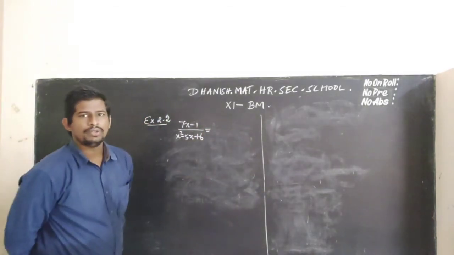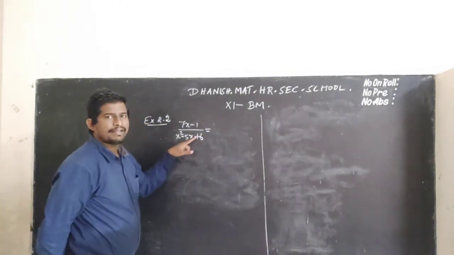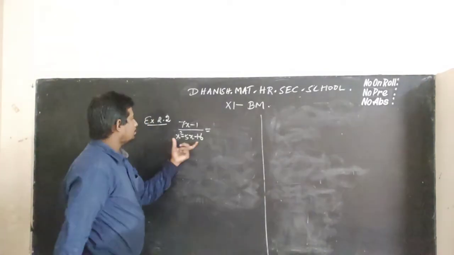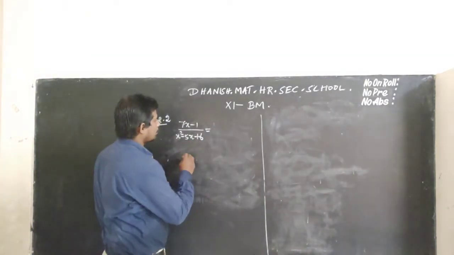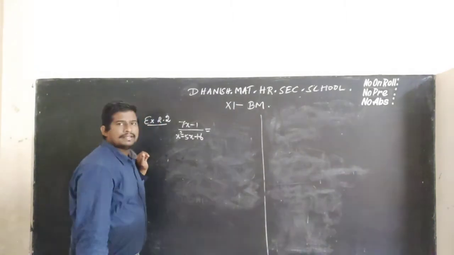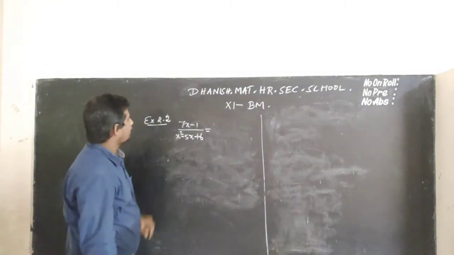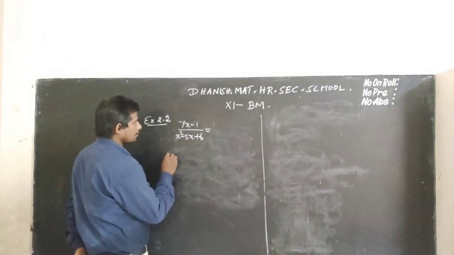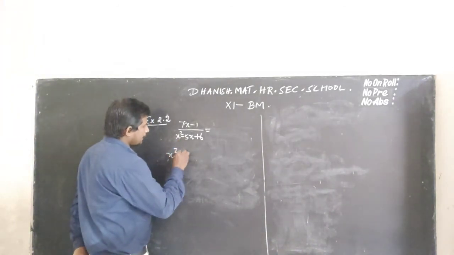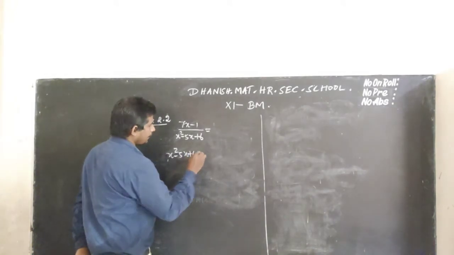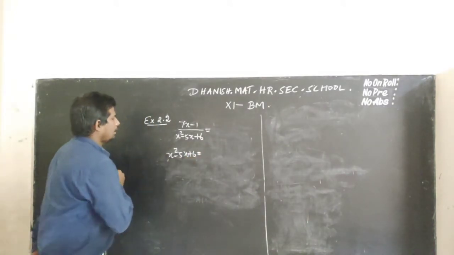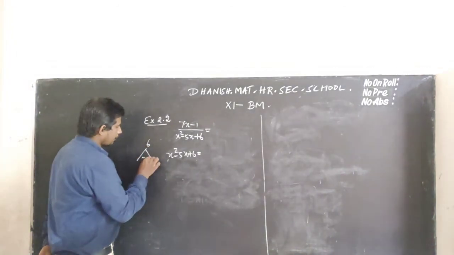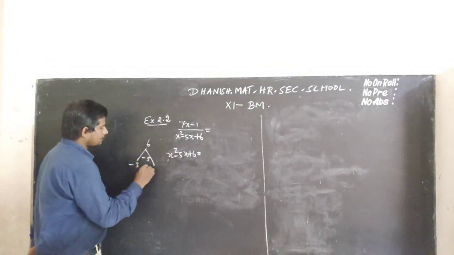This is equal to, look at the denominator. Here we are having one quadratic factor. So I am going to find the factors by the splitting the middle term concept. Now I am going to factorize this denominator. x square minus 5x plus 6 equals, here the multiplicative factor is 6, the additive factor is minus 5, so minus 3, minus 2.